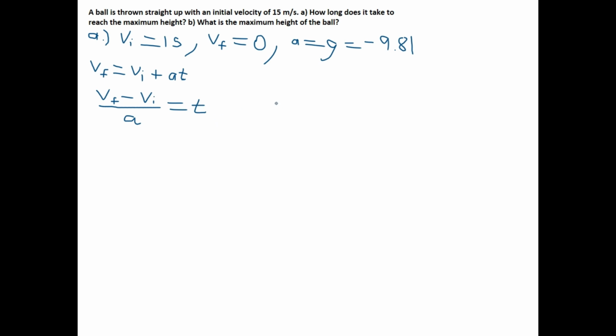Now, plugging in our variables, we have 0 minus 15 divided by negative 9.81 is equal to time. Now, if we calculate this, time is equal to 1.53 seconds.